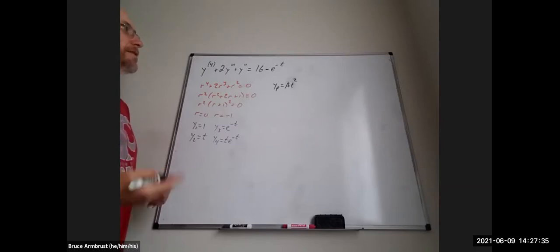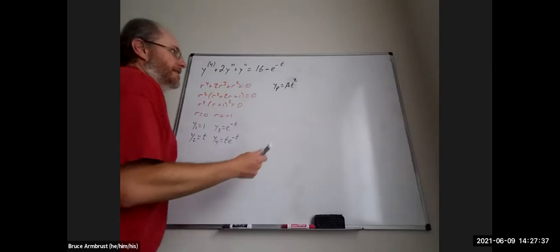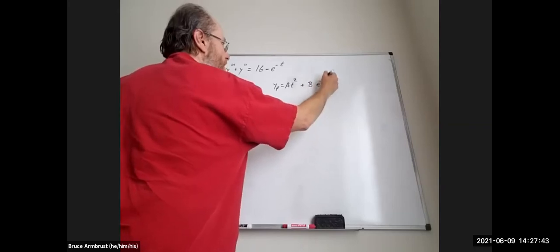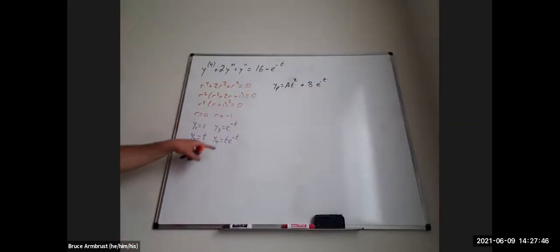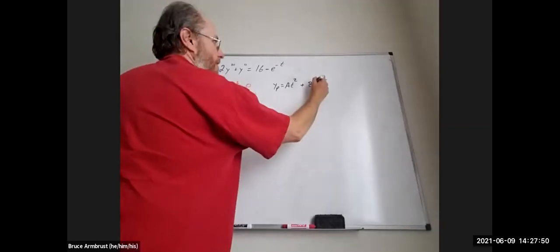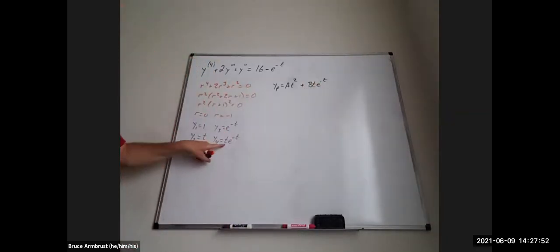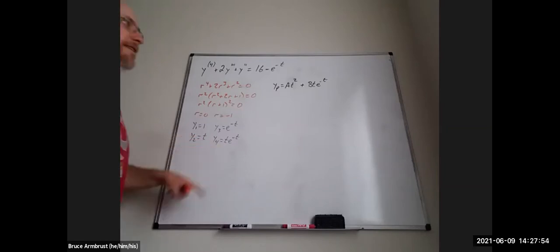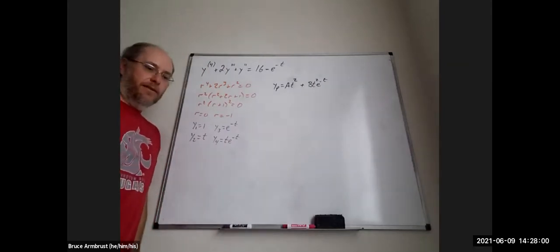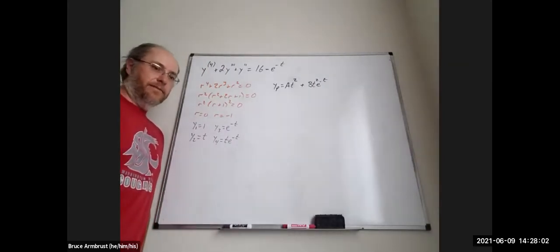Then we go to the e to the minus t. Same kind of story. I want b times e to the minus t, but e to the minus t is part of the fundamental set, so I need to put a t on it. Oh no, t e to the minus t is part of it, so I've got to put a t squared on it.